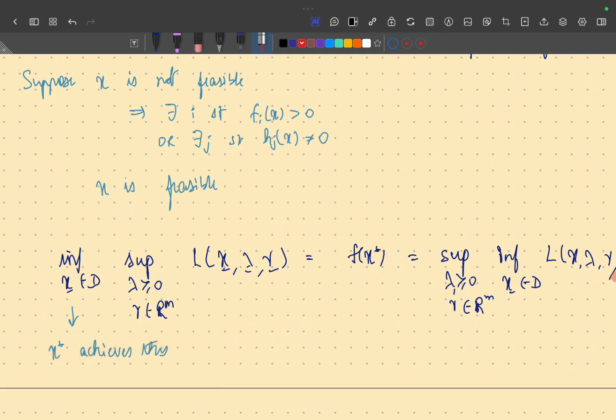But the only point I wanted to make over here is that this inf and sup can be exchanged. Exchanging the inf and sup doesn't change what we have. So you're taking the supremum with respect to one set of variables and infimum with respect to some other set of variables, so effectively the solution is a saddle point.